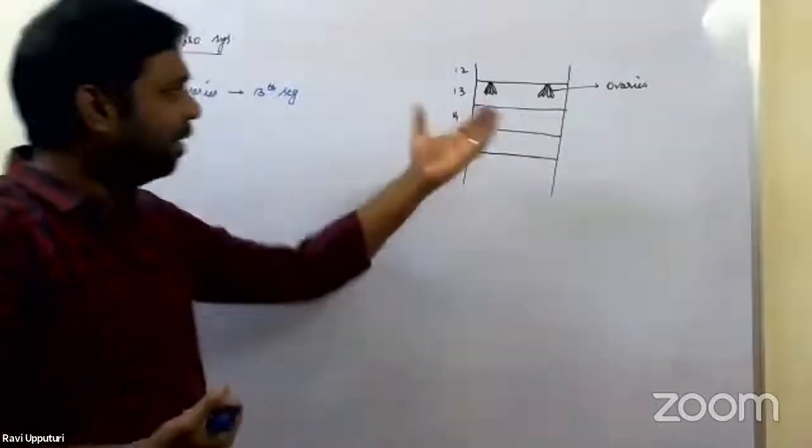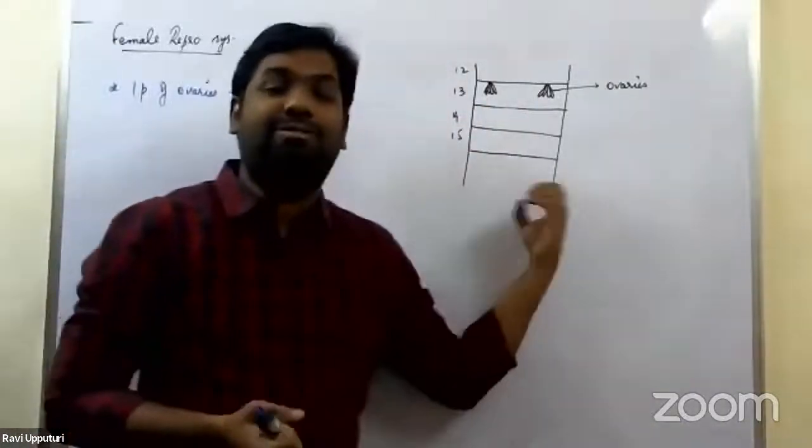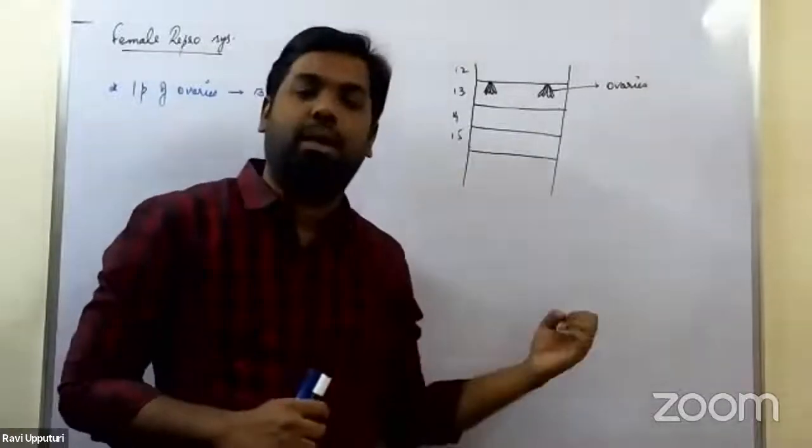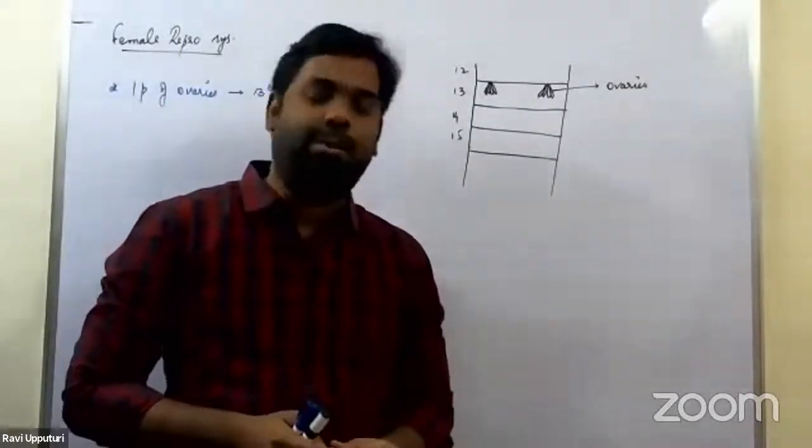Now, right below the ovaries, there is a funnel-like structure, very much similar to the testicular funnels we took up when we were talking about the male reproductive system.